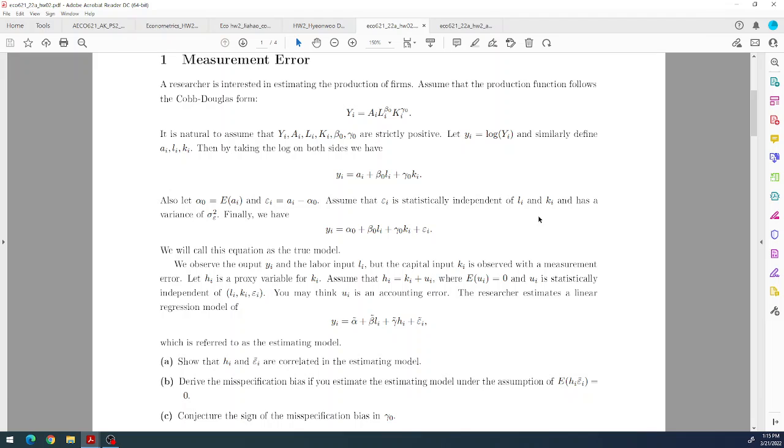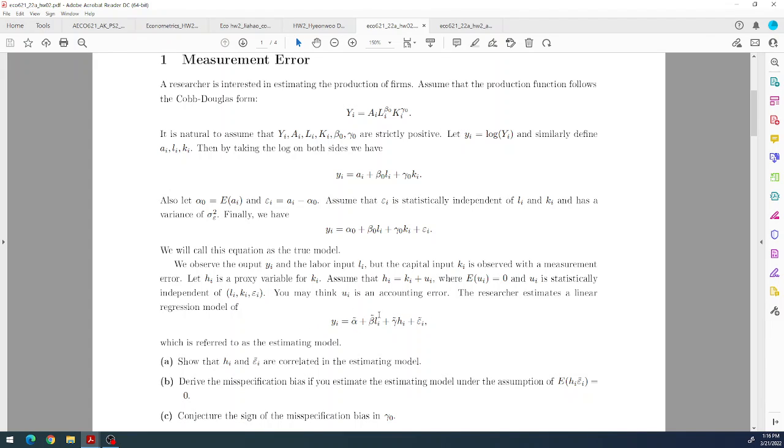But what I want to tell you here is, this is the true model. I already gave you the name of this equation, the true model, and this is the estimating model. So what we assume is this equation and this equation. These two equations are what we believe to be the truth. But this equation is not certain.